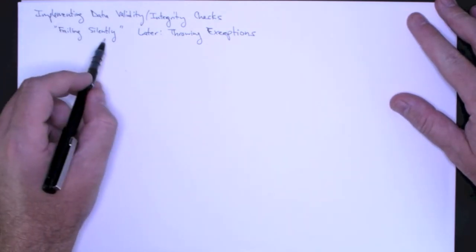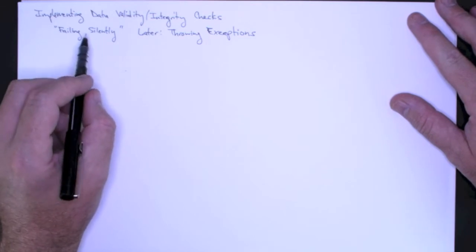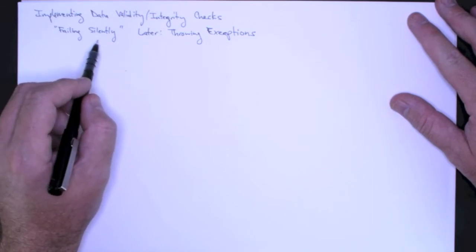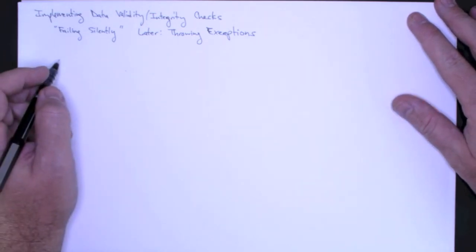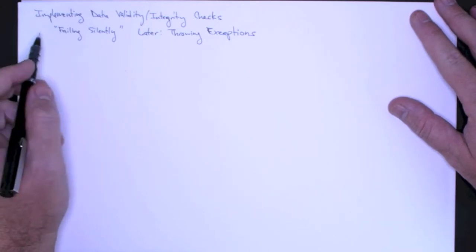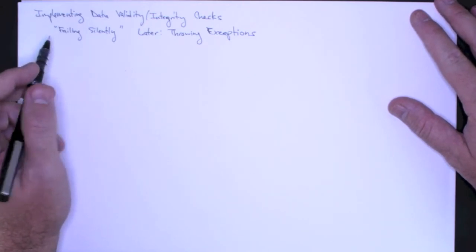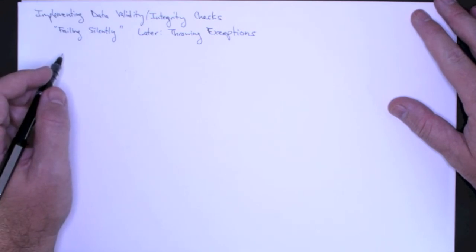So all we're going to do is check, and if the input is invalid, then we're not going to set the value to the private data member. So that's what I call failing silently. You may say, well, why don't we output something? Well, there's not always a person there to see an error message.